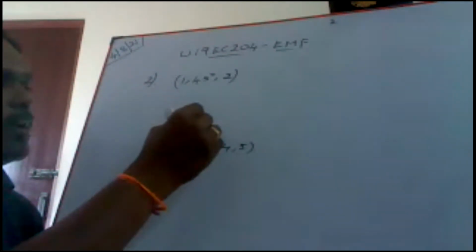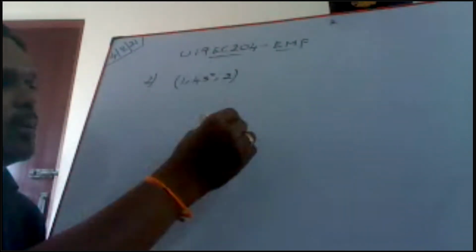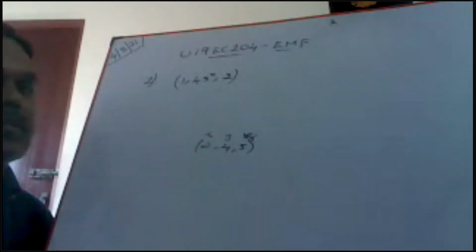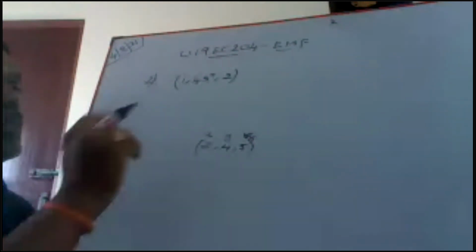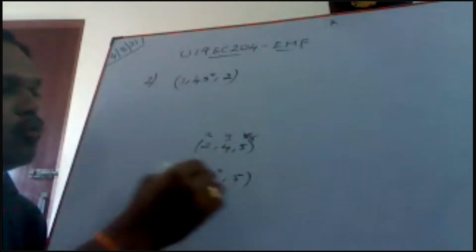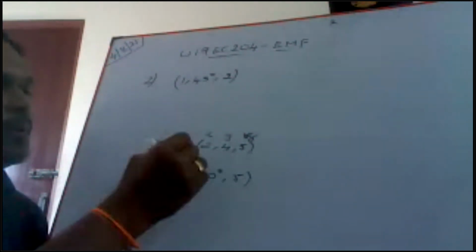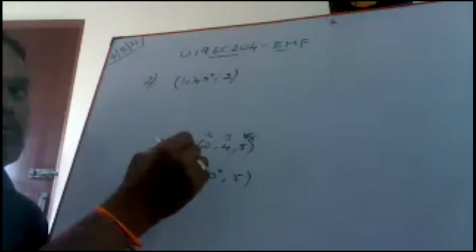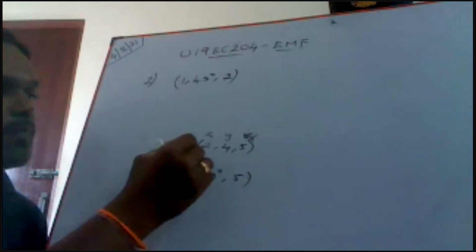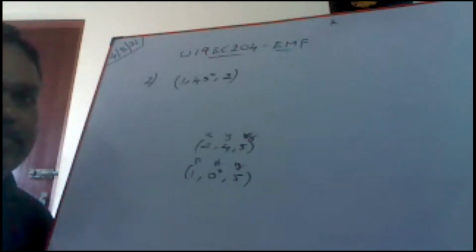So we take the first one as x, the second as y, and the third as z. If I have one angle and two numerals, then it is a cylindrical system. So we assume the first value is rho, the second is phi, the third is z.